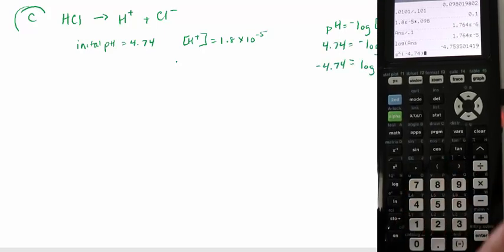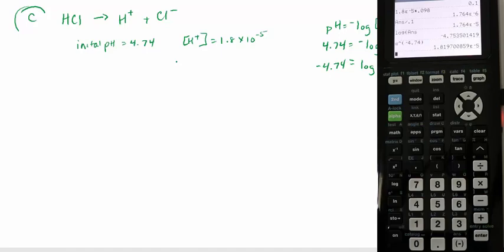On this calculator, it's second and then log, that's the inverse log function, and then the negative sign, 4.74, and you get a 1.8. In this case, it looks like 1.82 times 10 to the negative 5th, but 1.8 works just fine. So that's what we're starting with, our hydrogen ion concentration is 1.8 times 10 to the negative 5th.